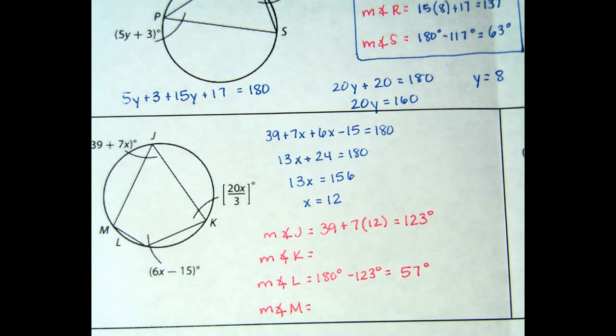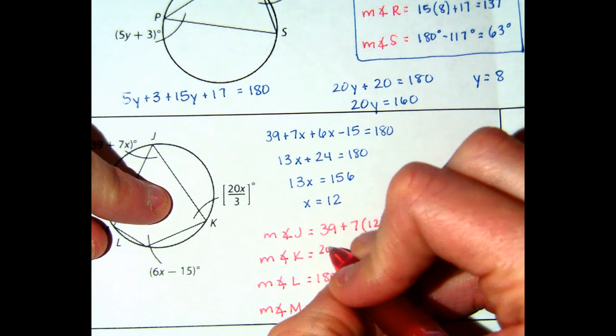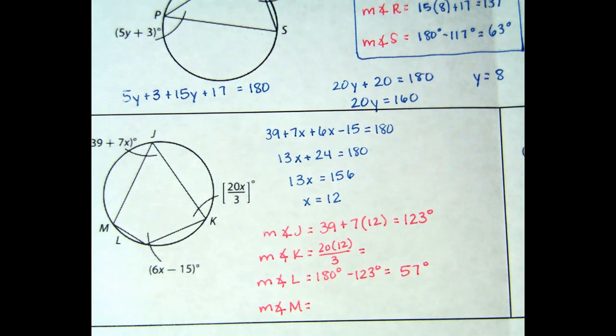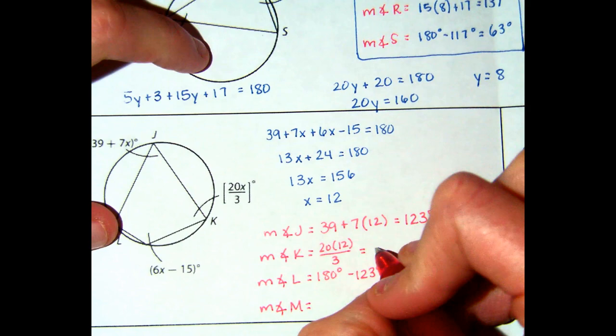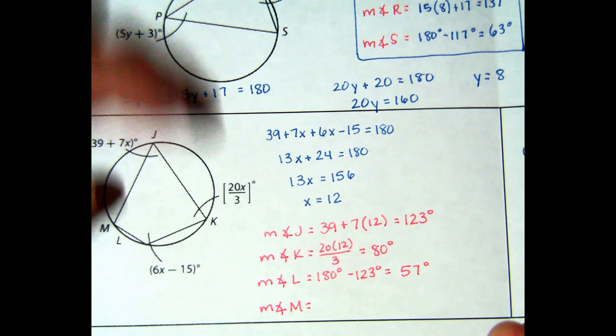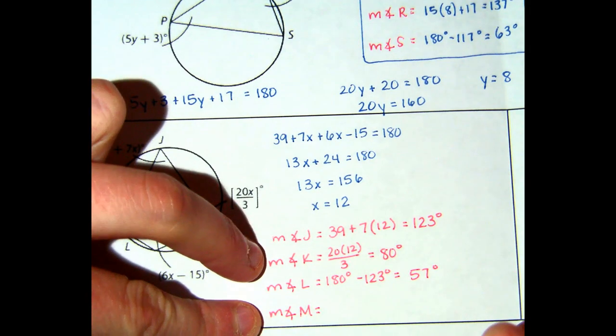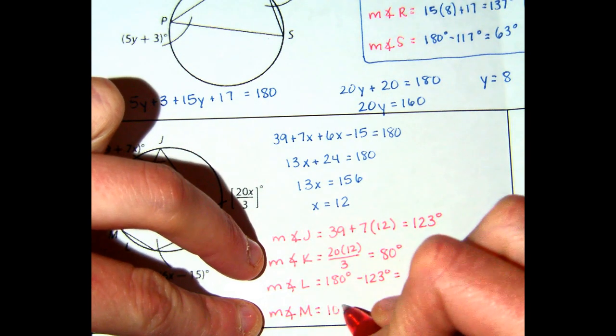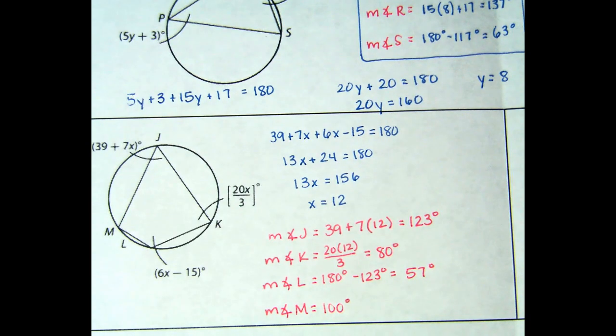The measure of angle K is 20 times 12 divided by 3, which is 80 degrees. K and M are supplementary, so that leaves 100 degrees for angle M.